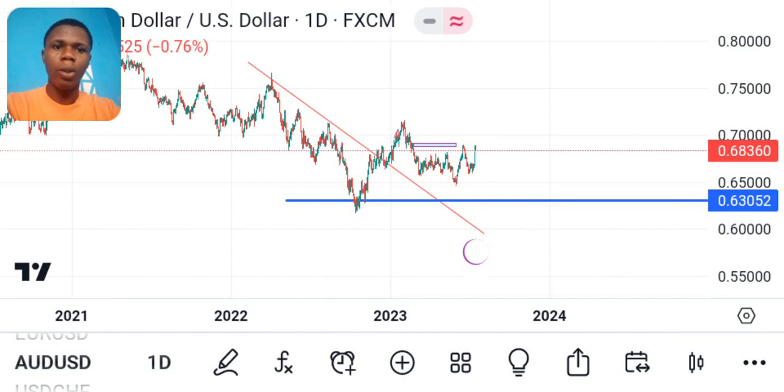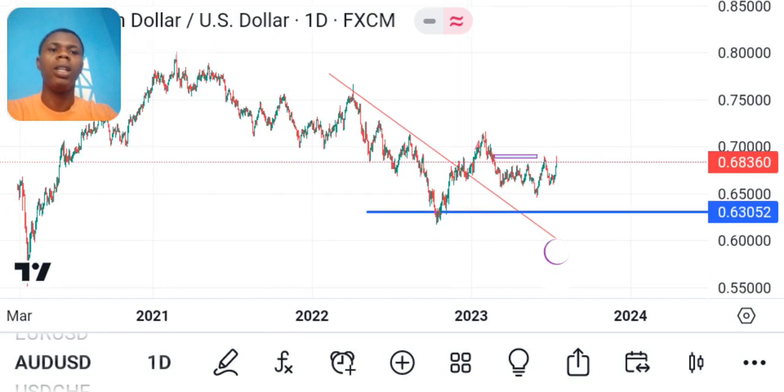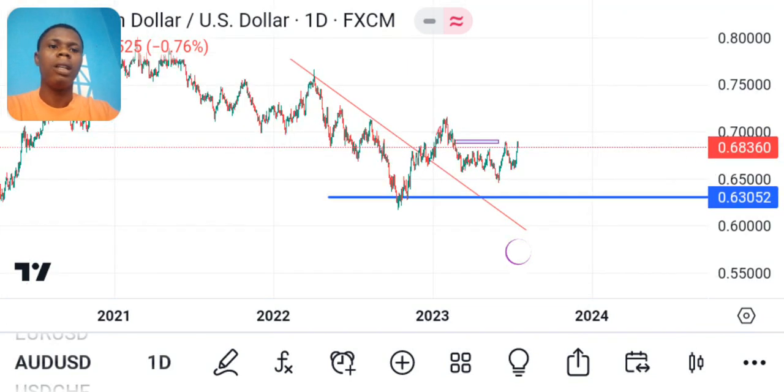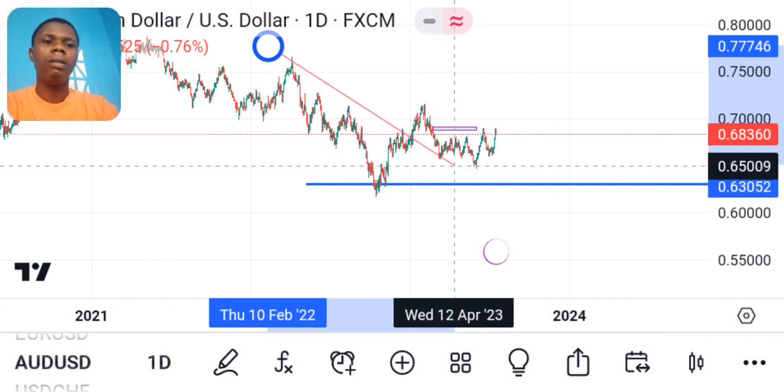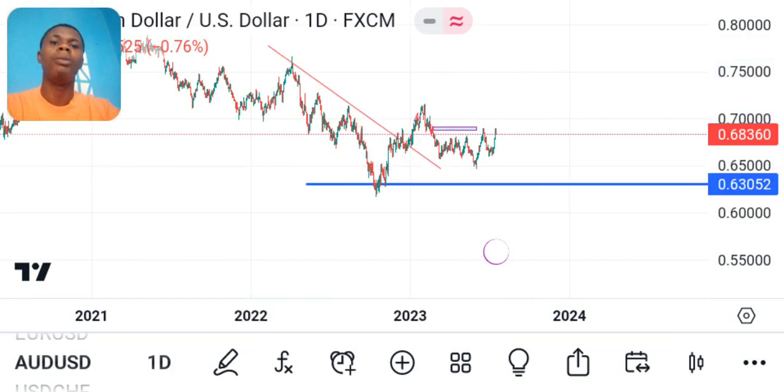I'm aware that AUD is actually bullish. I'm calling it a bullish market because of what I'm seeing here. This move here is actually a retracement, and as you can see the trend line here has actually been broken.